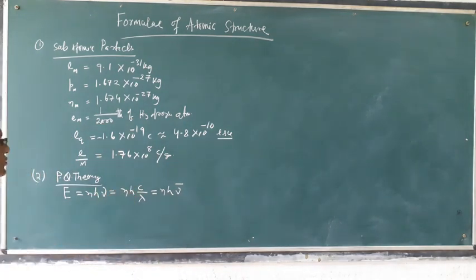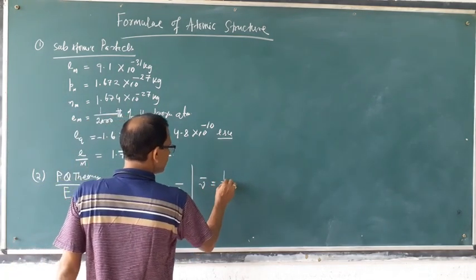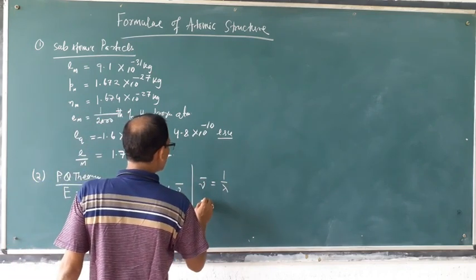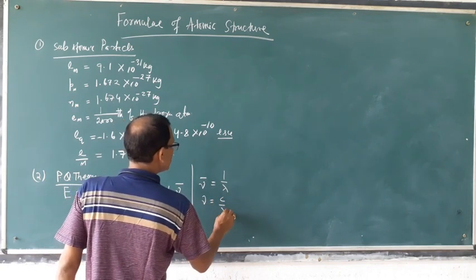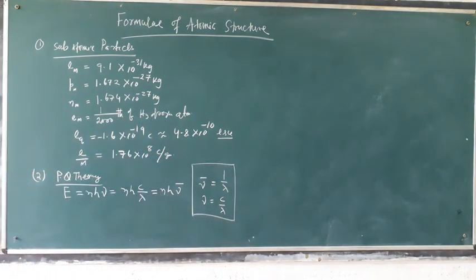And this relation shows that nu bar is equal to 1 by lambda, and frequency is equal to c by lambda. This is very important. This formula is used, n is the number of photons, nu is the frequency.